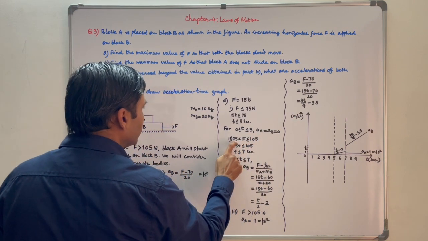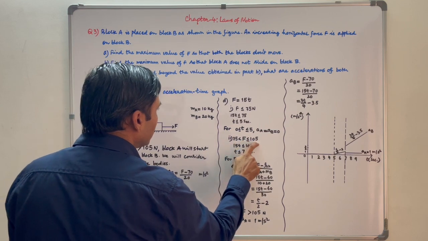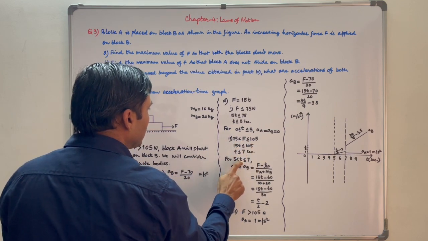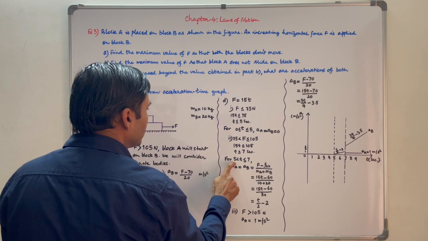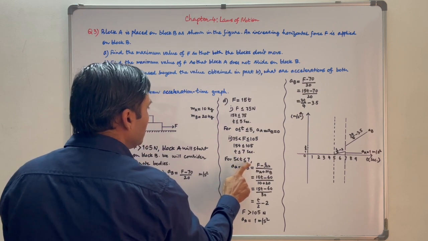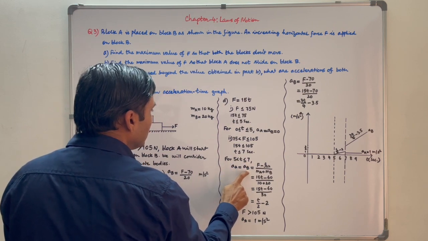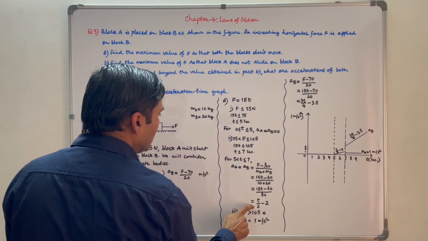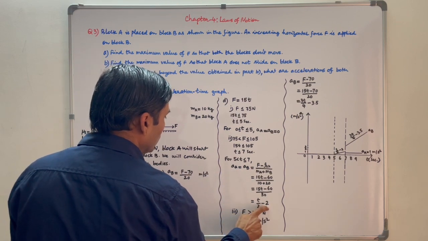When F is greater than 75 Newton but less than 105 Newton, that means between time interval t equal to 5 seconds to t equal to 7 seconds, both the blocks are moving together and their acceleration is given by the formula t/2 - 2.